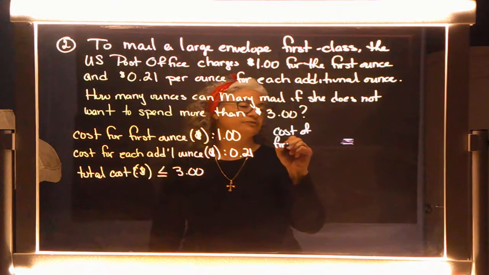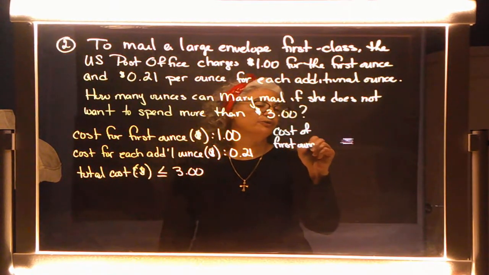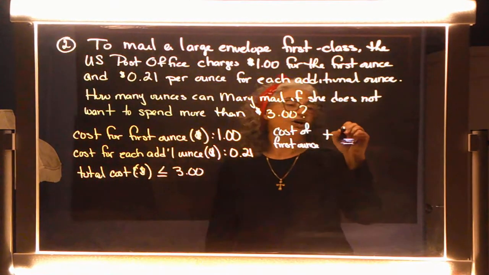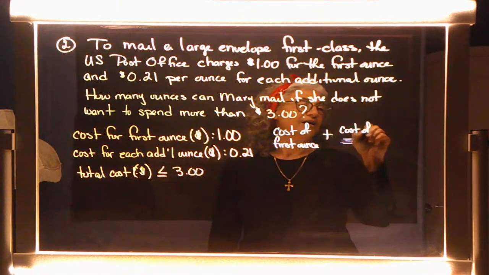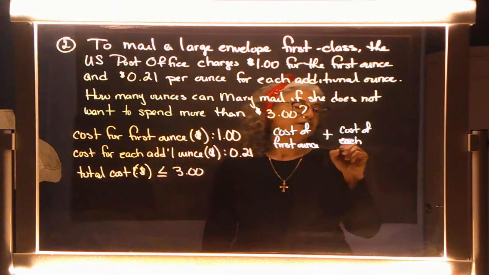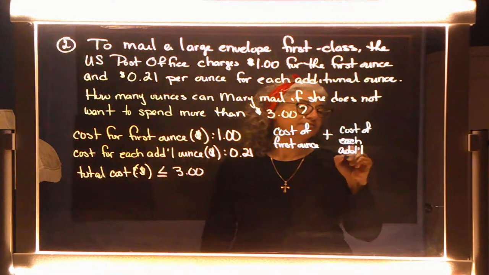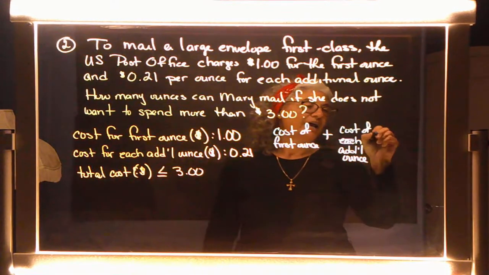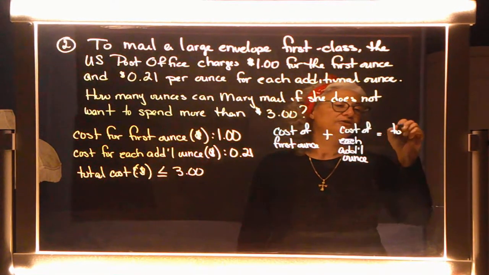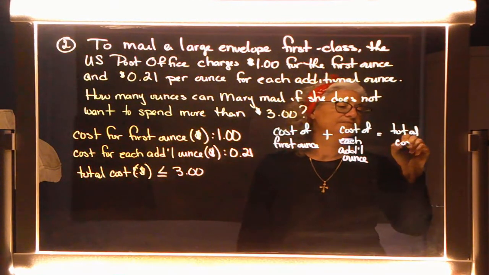And then what would you do? Good, I heard you. You would add it to the cost of each additional ounce, right? And that would equal your total cost, wouldn't it?